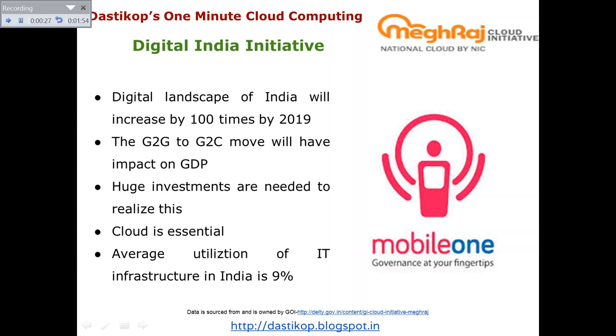This is called G2C, that means government to citizen. When any organization wants to build its computing services to reach its customers, even when they are in thousands or lakhs, it is a big mammoth exercise. But when the Indian government, with a population of about 1 billion people, a little more than that, would like to touch and reach everybody through a digital platform, that is a very mammoth task.